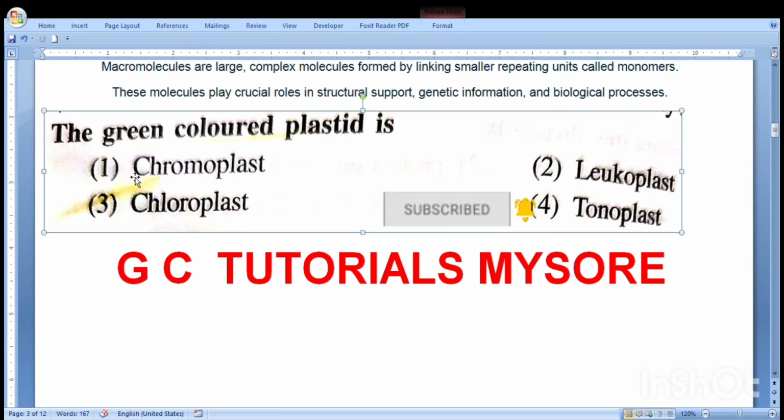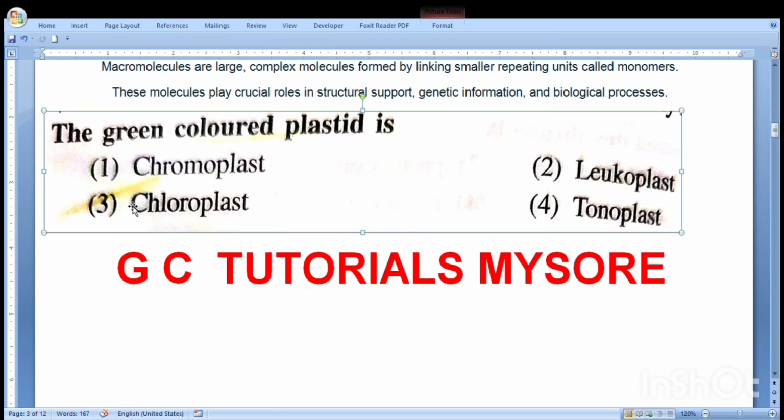So the chromoplast is a colored plastid rich in which pigments? Carotenoid pigments. They impart which colors? Red, yellow and orange colors to the fruits and flowers.